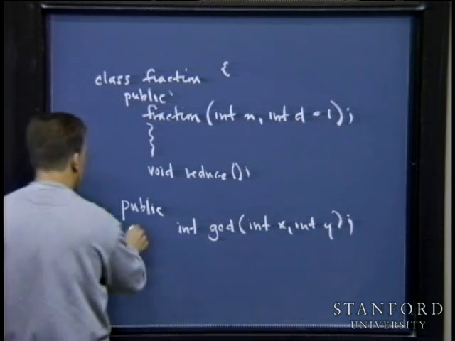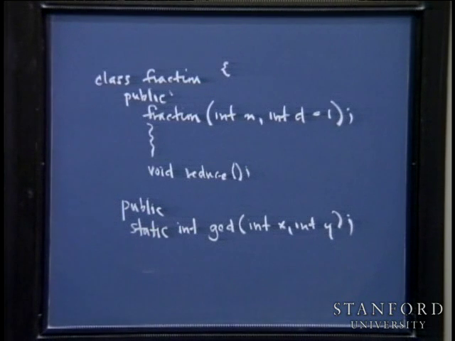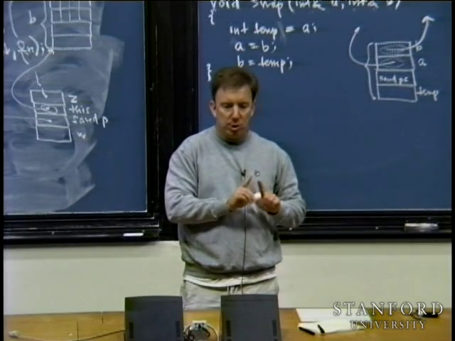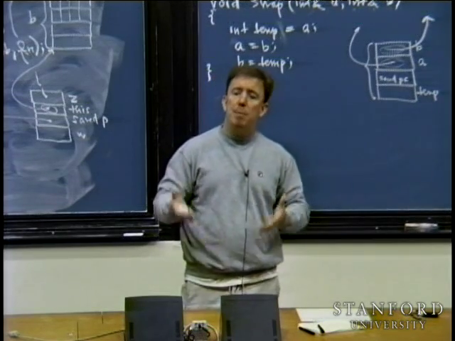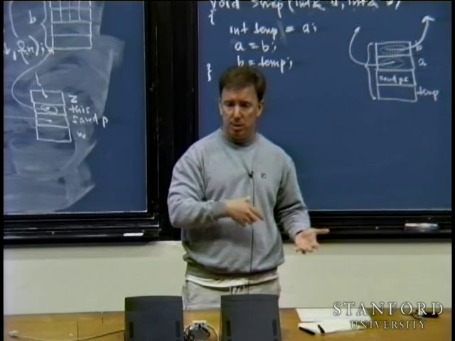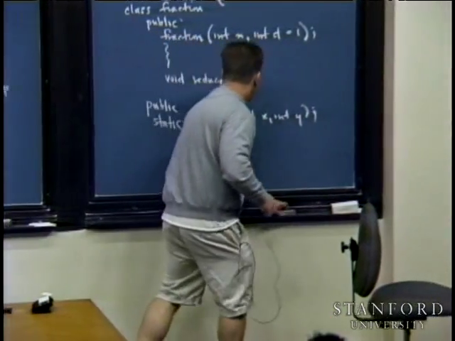So a lot of times what you'll do is you'll mark it as static. And what that means in the context of a C++ class is that you don't need an instance of the class to actually invoke it. You can actually just invoke it as a standalone function. In fact, it really is a regular function that happens to be scoped inside the definition of a class as if the class is a namespace around it. I didn't mean to put public here. I meant to put private.